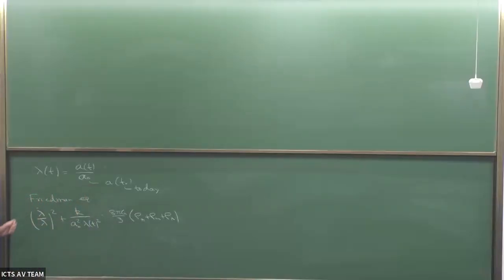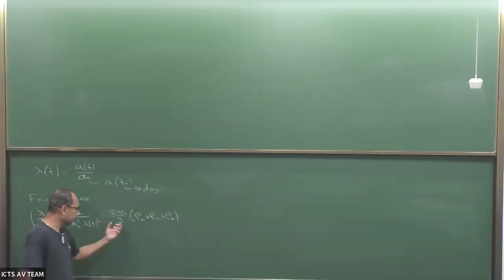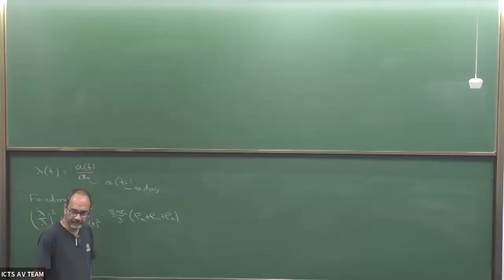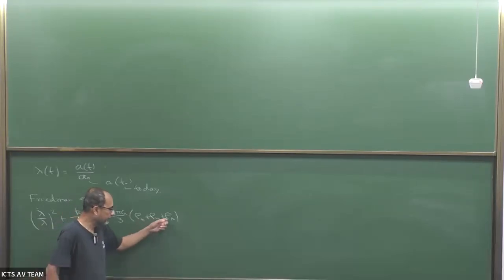So a dot over a just becomes lambda dot over lambda. This is what we had in the Friedmann equation. Then you had k over a squared, and that a squared I'm writing as a0 squared times lambda squared. And on this side, I have used the fact that the total rho, which was on the right hand side of the Friedmann equation, is the sum of the three components: radiation, matter, and cosmological constant.